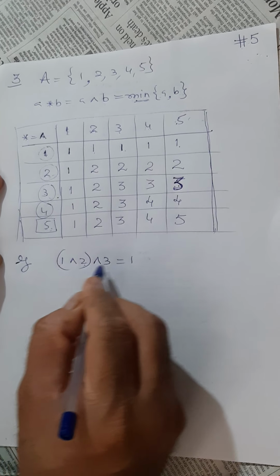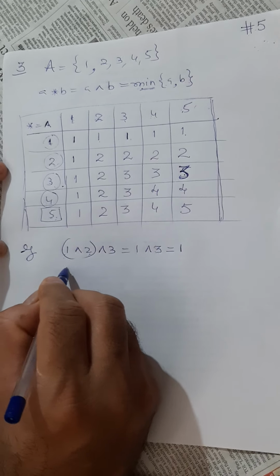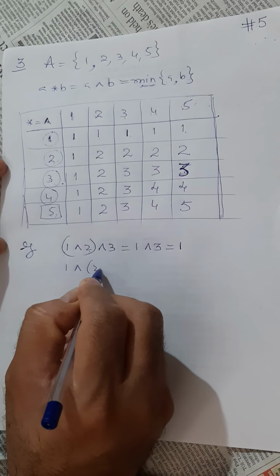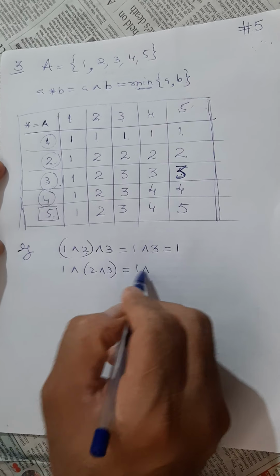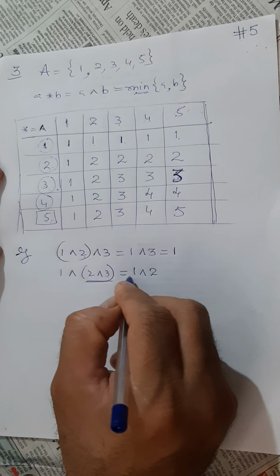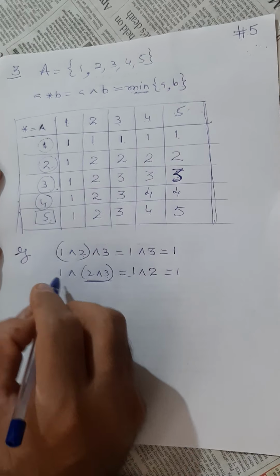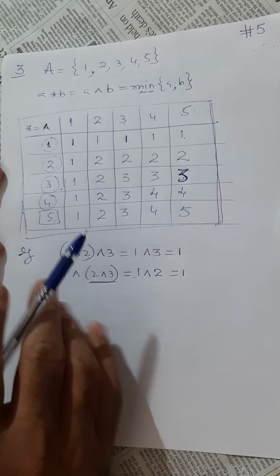Then 1 asterisk 3, the minimum is 1. So the answer is 1. In this question you are asked just for this table only.